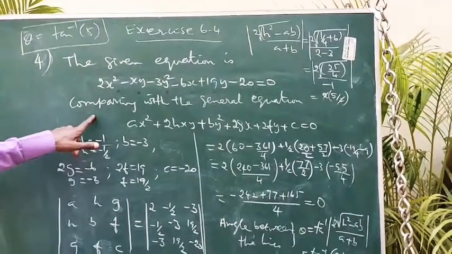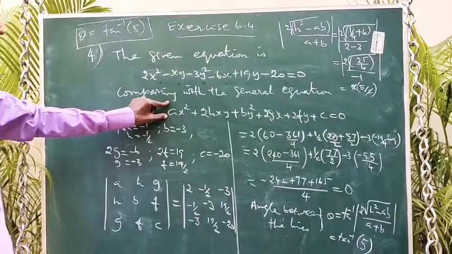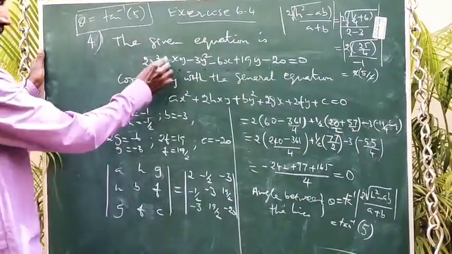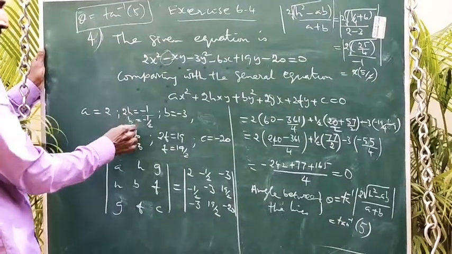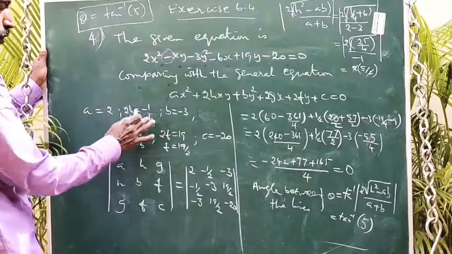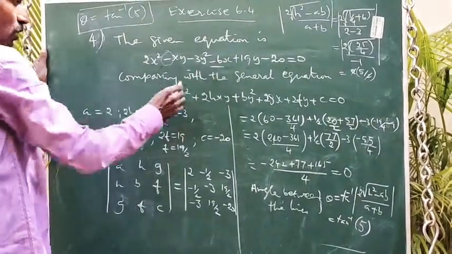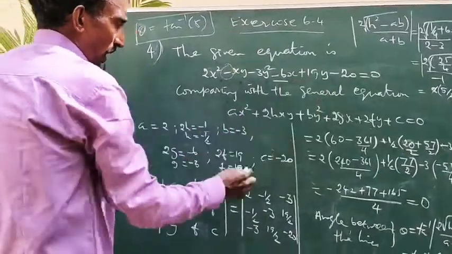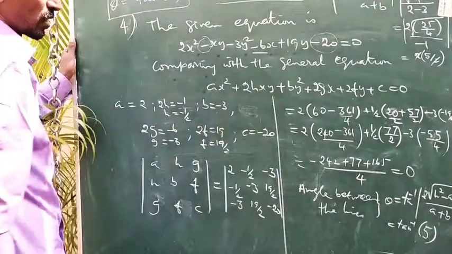Compare, as in the previous question, with the general equation of the pair of lines. So we are getting a equal to 2. In the place of 2h we have minus 1, so 2h equal to minus 1, h equal to minus 1 by 2. In the place of b we have minus 3. And 2g equal to minus 6, g equal to minus 3. 2f equal to 19, f equal to 19 by 2. And the constant term c equal to minus 20.